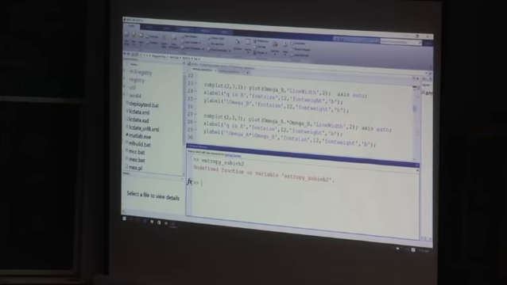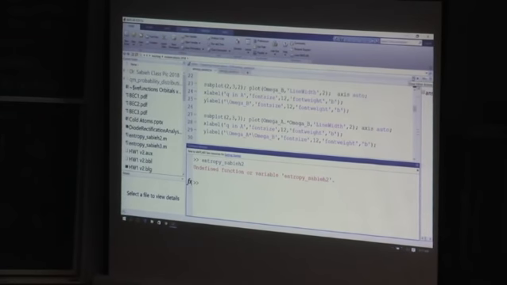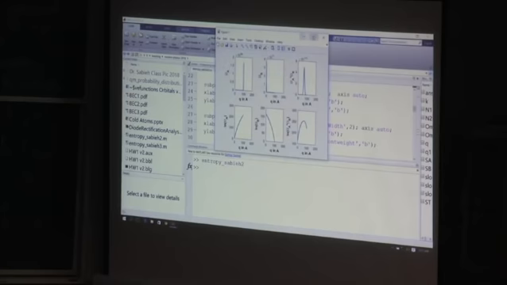Okay, I need to change the path. So I move into Modern Physics 2018. I'm going to hide the other plots for the time being.